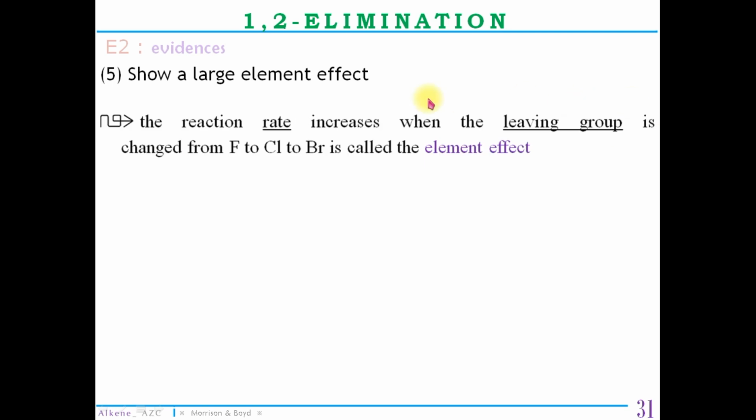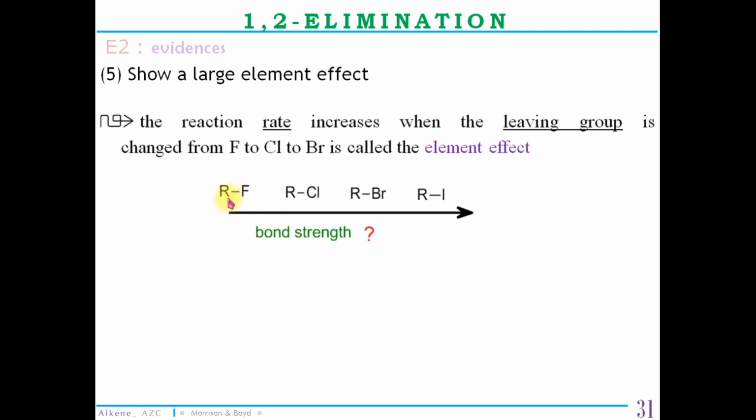Fifth evidence, that E2 shows a large element effect. The reaction rate increase when the leaving group is changed from fluorine to chlorine to bromine is called the element effect. We have the example of alkyl halides: alkyl fluoride, alkyl chloride, alkyl bromide and alkyl iodide.